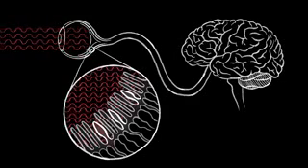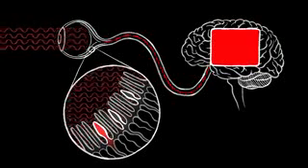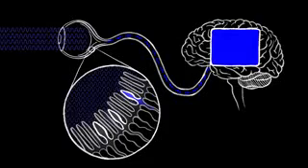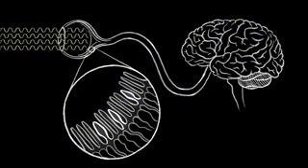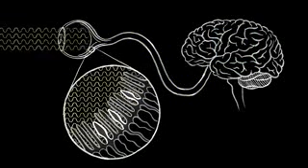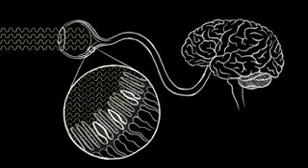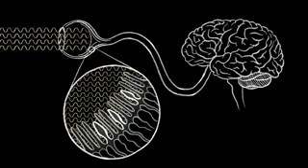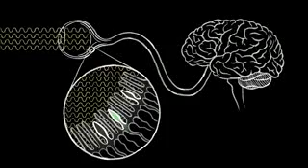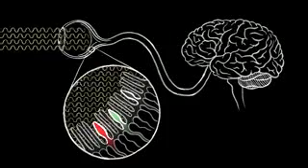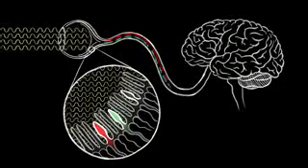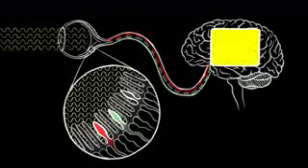When you see a color, each cone sends its own distinct signal to your brain. For example, suppose that yellow light, that is, real yellow light with a yellow frequency, is shining on your eye. You don't have a cone specifically for detecting yellow, but yellow is kinda close to green and also kinda close to red, so both the red and green cones get activated, and each sends a signal to your brain saying so.